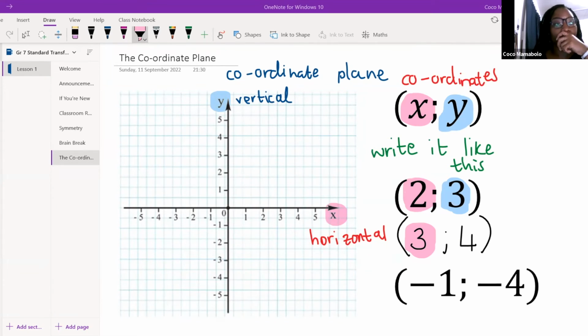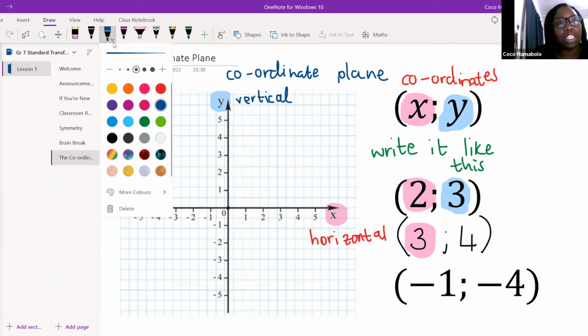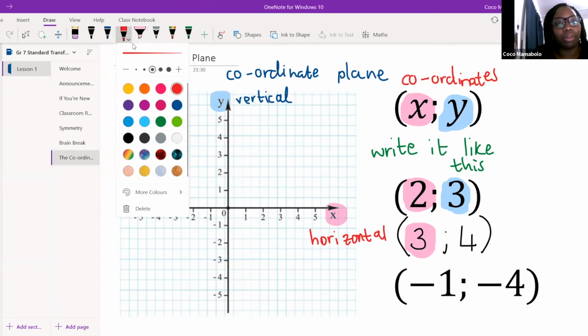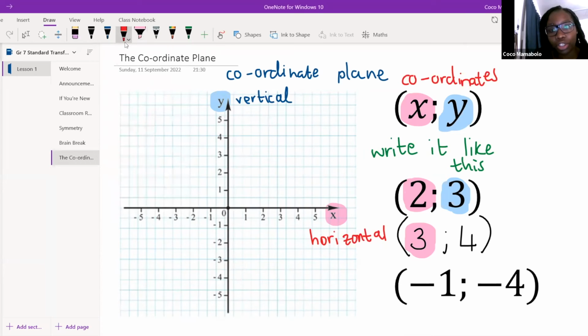Excellent, Amahelang. Okay, we're going to find it on my X line. So I'm going to go to the X line and look for the number 3. Excellent. And then where am I going to find the 4?